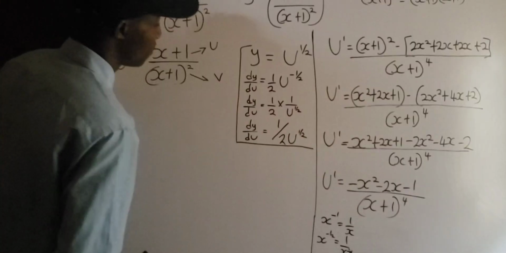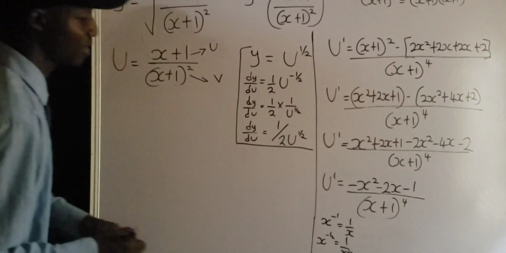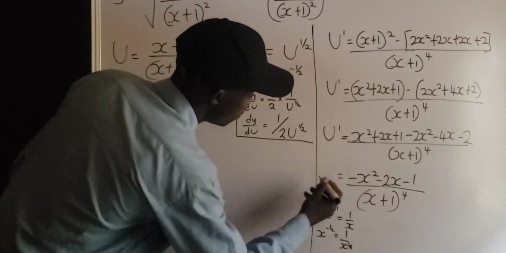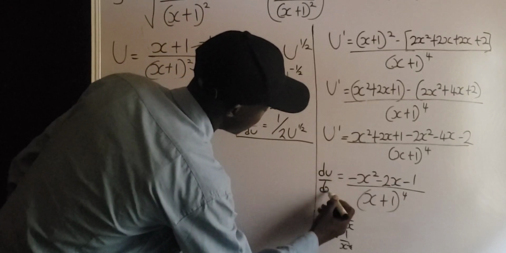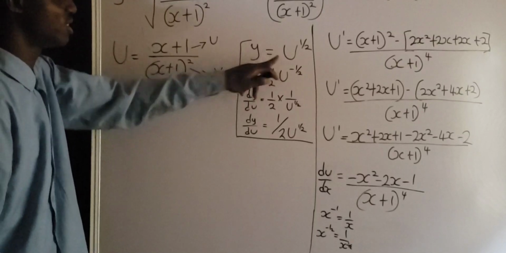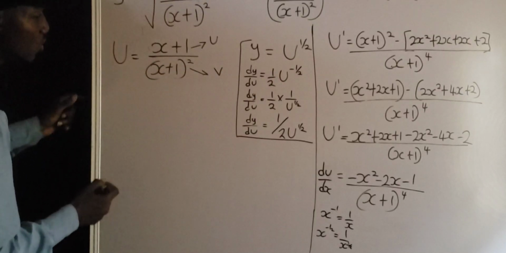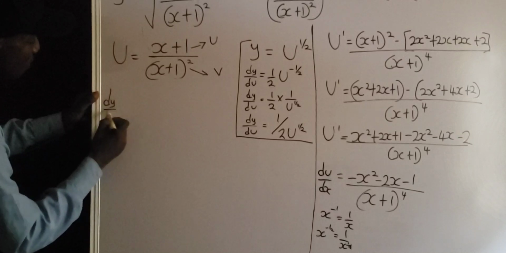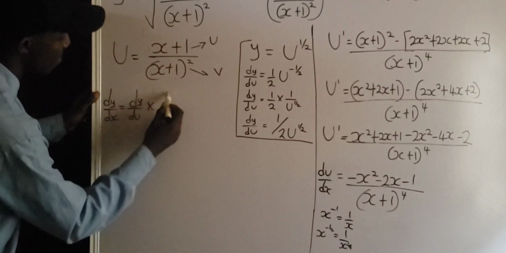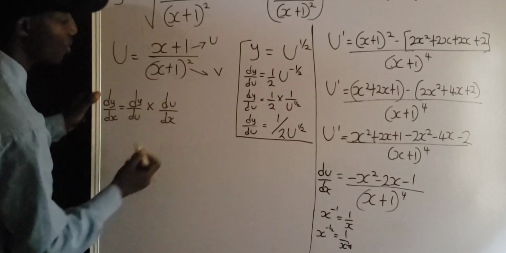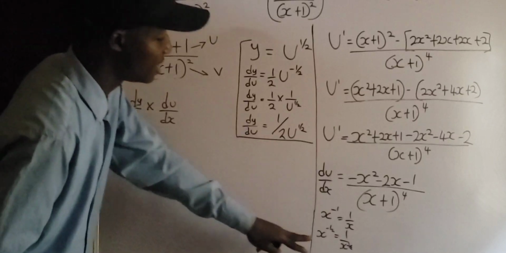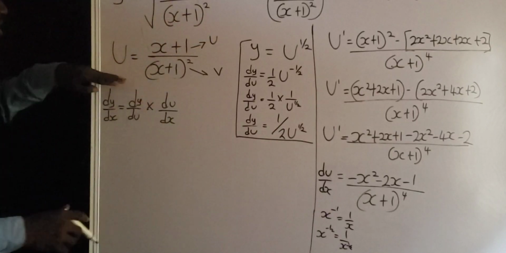So now, I want you to pay attention at this point. You know that the derivative of u can be written as du over dx. And the derivative of the outer function can be written as dy over du. According to the chain rule, dy over dx is equal to what? dy over du multiplied by du over dx. So dy over du is this, which is the derivative of the outer function. Don't forget, du over dx is the derivative of the inner function.